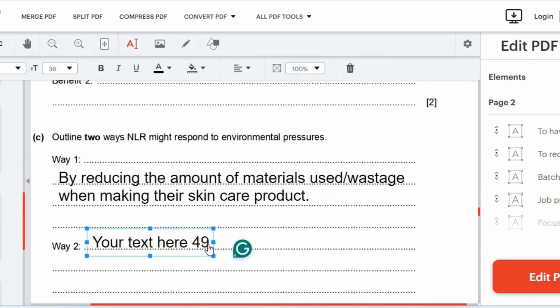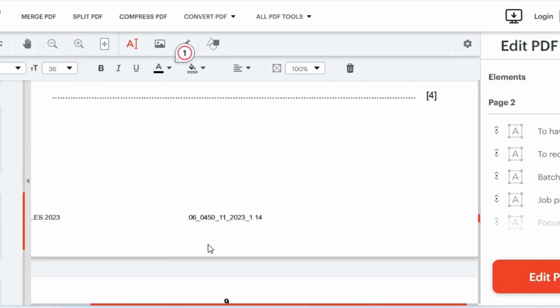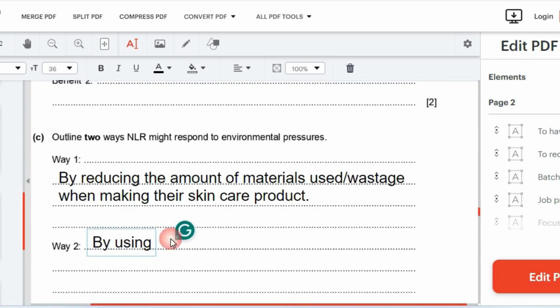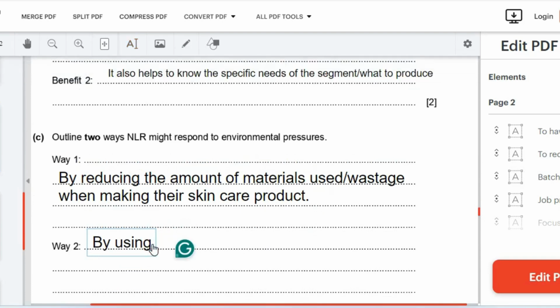Using recycled material, that is the material that can be reused. By using what? By using recycled. Let's try to type.